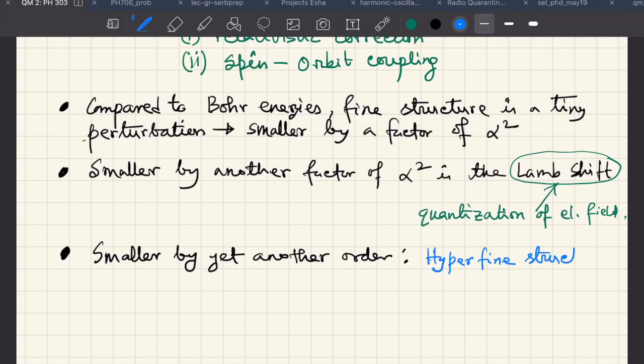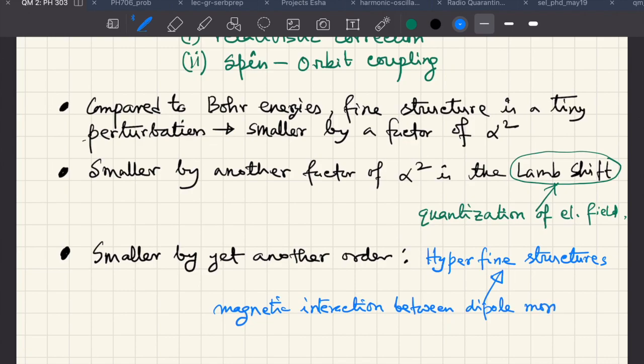There are also hyperfine structures in the hydrogen spectrum, and this is basically due to the magnetic interaction between the dipole moments of the electron and proton.